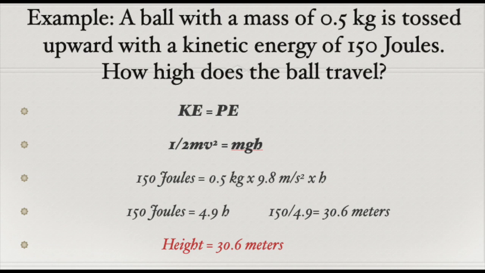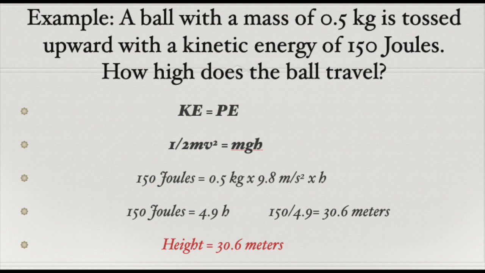Okay, so, all right, how do we solve for the height? Well, it gives us the kinetic energy at 150 joules. We know KE is equal to PE. So if we set the formulas 1/2 mv squared equal to mgh, then we can solve for h. Now, it tells us that the kinetic energy is 150 joules.